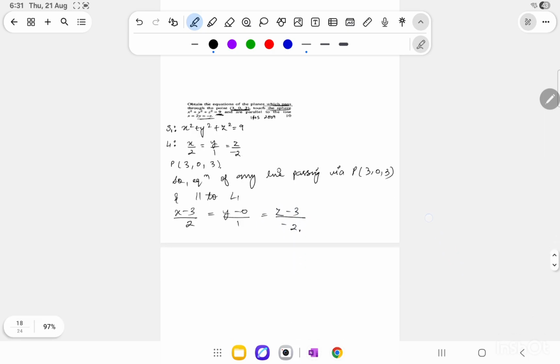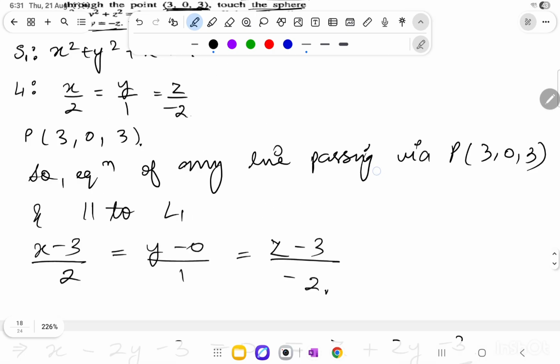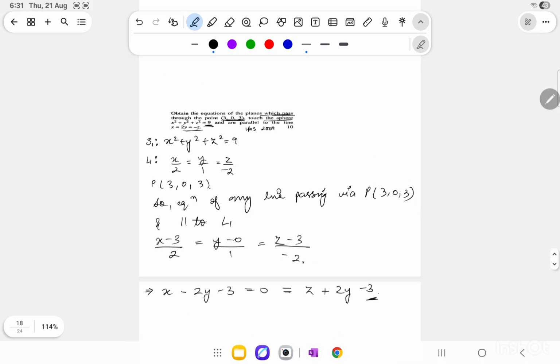I can write this equation in unsymmetrical or general form: x minus 2y minus 3 equals 0, which is equal to z plus 2y minus 3. So this is my equation of the line which is passing through the given point P and is parallel to line L1.